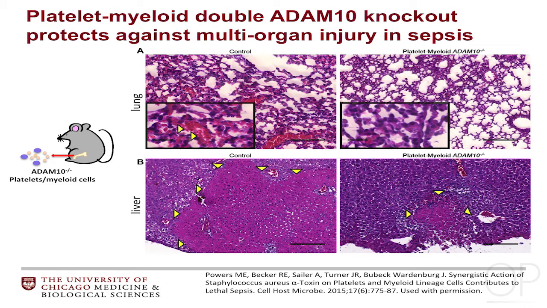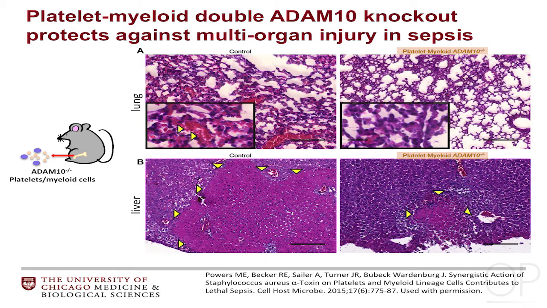And what we observed was quite interesting: in control animals, what we see on the left is an early lung injury with extravasation of red blood cells and protein into the alveolar space. And if you look in the bottom panel, what we observe, as demarcated by the yellow arrows, is very broad areas of hepatic necrosis.